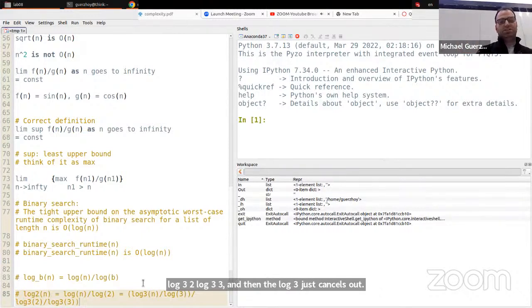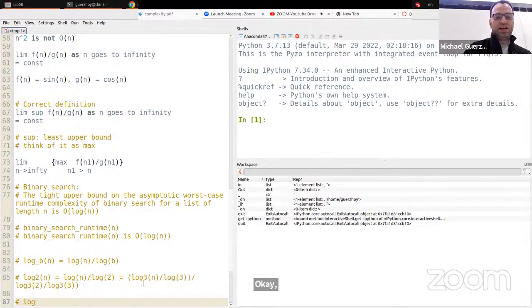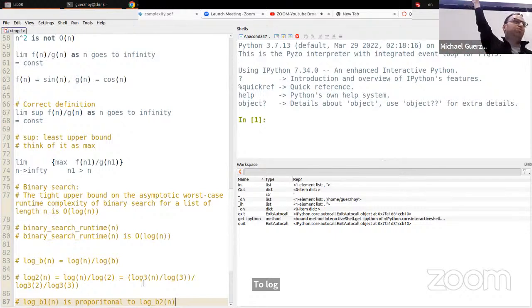Okay, so the lesson here is that log base b1 of n is proportional to log base b2 of n with some constant proportionality, which you can work out here.